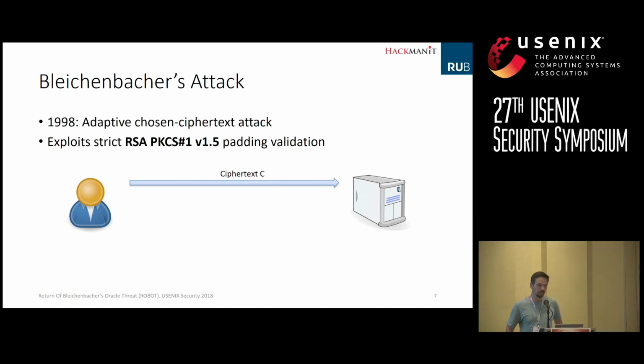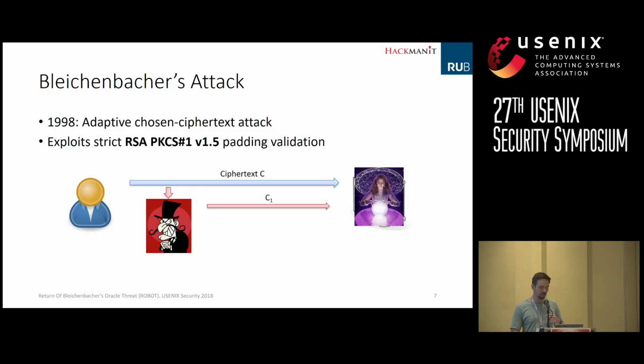In 1998, 20 years ago, Daniel Bleichenbacher showed an adaptive chosen-ciphertext attack, which exploits a strict validation in RSA PKCS #1 v1.5 messages. I will not go into the cryptographic details, but show you a very high-level overview of the attack. Imagine we have a client who wants to communicate with the server and sends a ciphertext to the server. We have an attacker who observes the communication, eavesdrops the ciphertext, somehow modifies it cryptographically, and sends the modified ciphertext to the server.